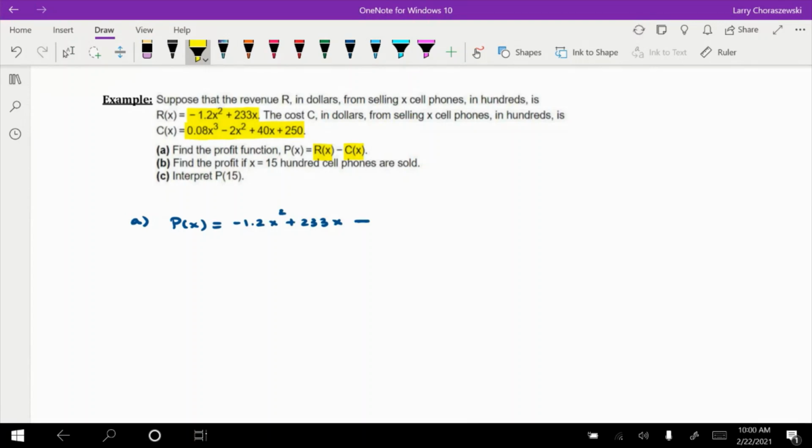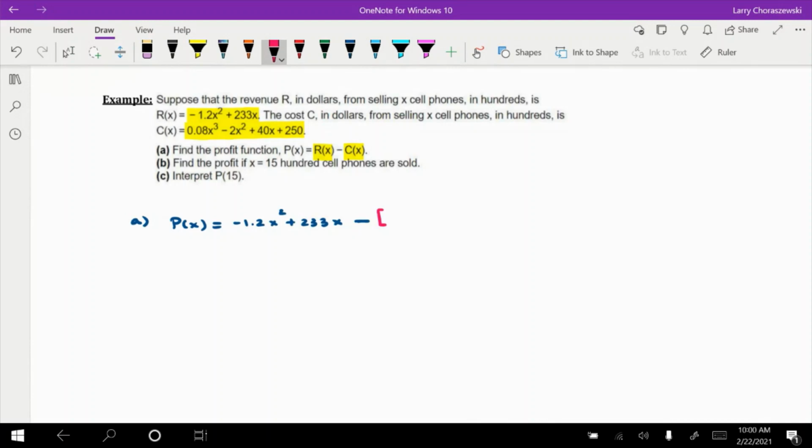Now, this is where you have to be careful. When we're subtracting an expression that has 4 terms in it, such as this cost function, we want to be sure to use parentheses, or you can even use brackets if you want. For some reason, I use brackets with these types of problems.